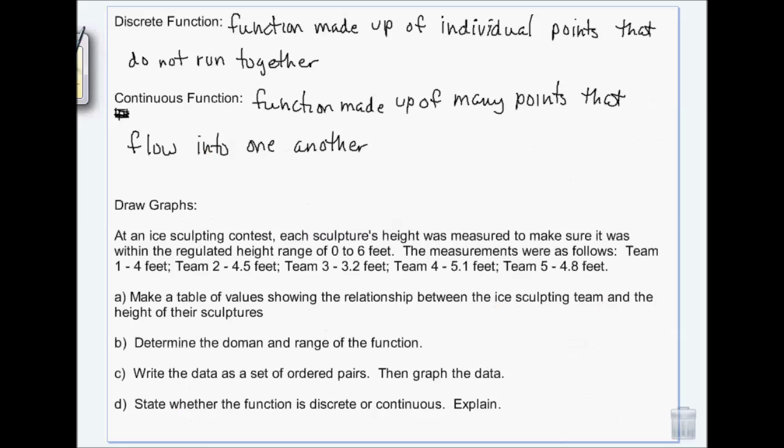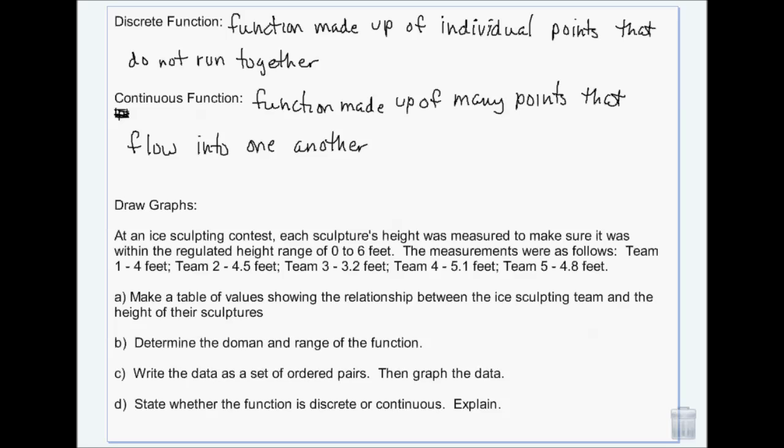Okay, so there's 2 kinds of functions. There's discrete and continuous. Discrete functions are made up of individual points. They don't run together. Think about if you have a jar, and every day I put 5 marbles into the jar. So on day 1 I have 5 marbles, on day 2 I have 10 marbles, on day 3 I have 15 marbles.